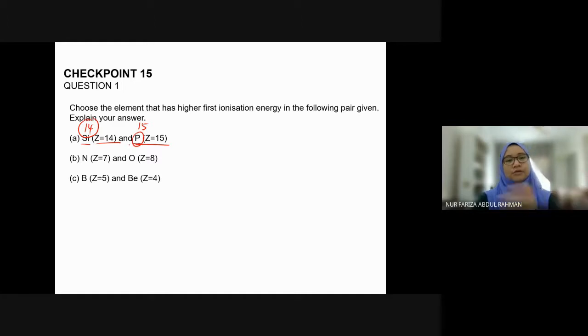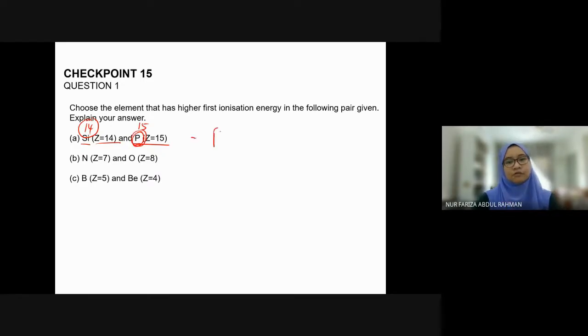So across the period, the ionization energy should increase. Why? The simplest explanation across a period is based on Z effective. So phosphorus should have higher ionization energy.